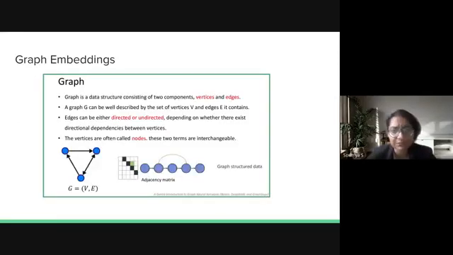So, what is a graph? You might have learned this in your course on data structures, where you basically have two components, vertices and edges, and a graph is well described by that. They can be either directed or undirected, and depending on that, we need to modify our network a bit. The vertices are often called nodes.